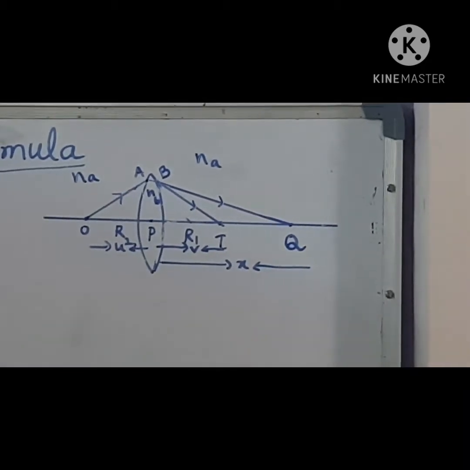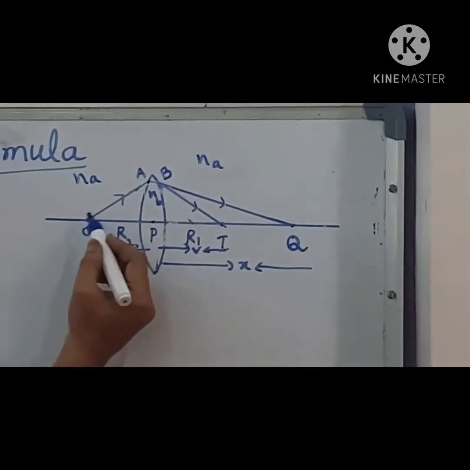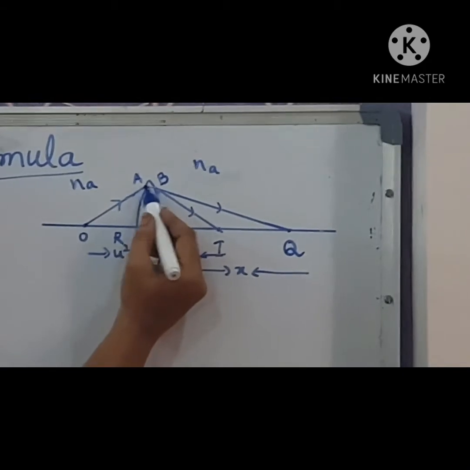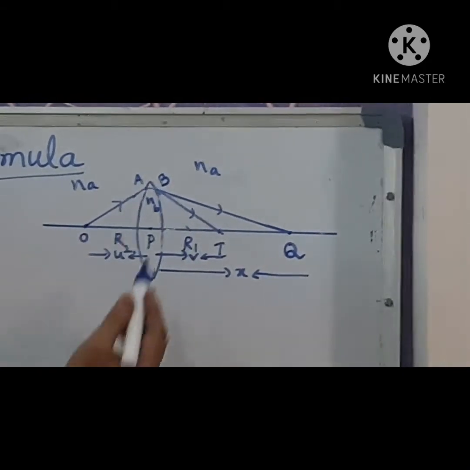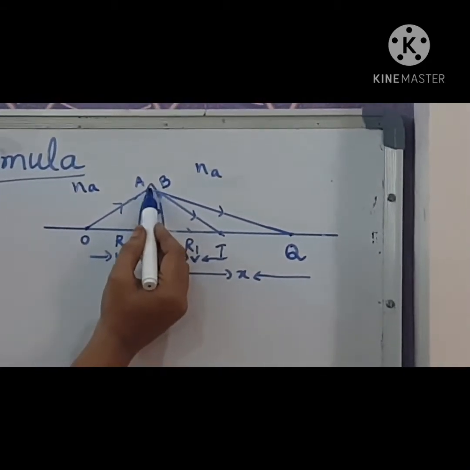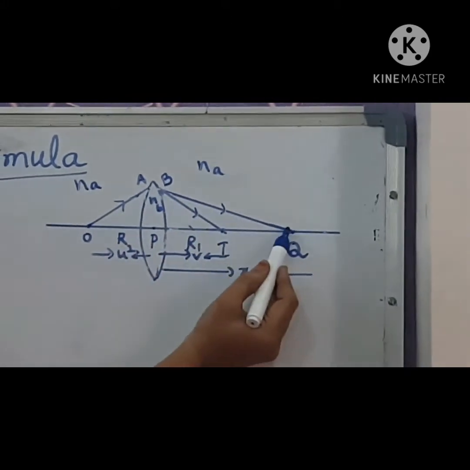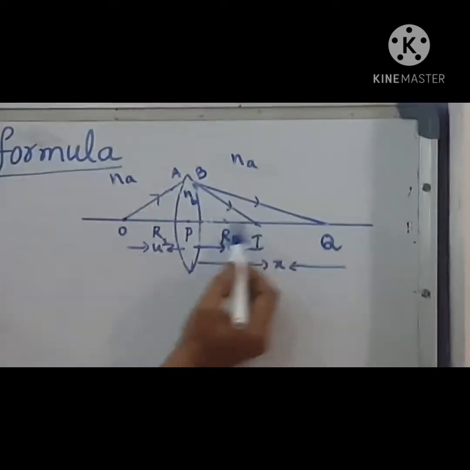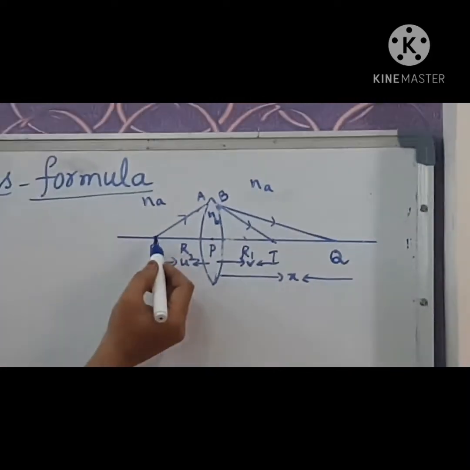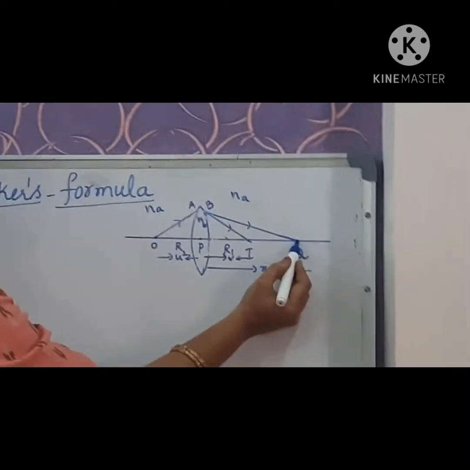After incidence at A, it undergoes refraction and takes the direction along AQ. It meets the principal axis at the point Q. So the image will form at Q.